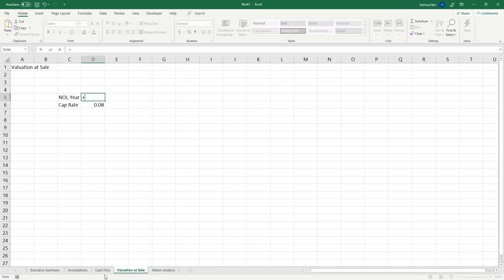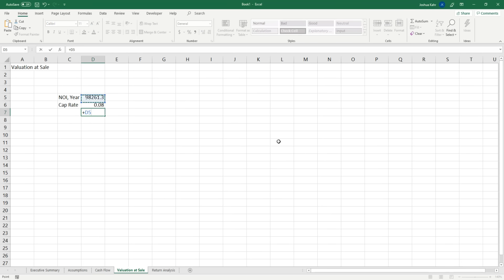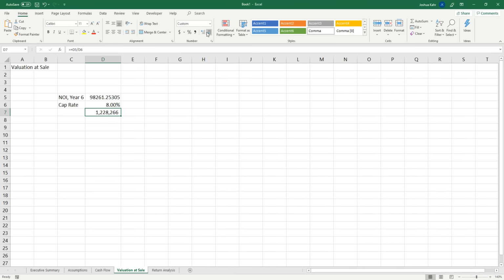The NOI in year 6 was 98 grand. I take the 98, I divide it by the 8%. Let me format that so it's all nice and clean. There it is. We're valuing it at $1.2 million. And yes, I haven't put in anything about like brokerage fees, closing costs, the rest of that. We'll deal with that later.